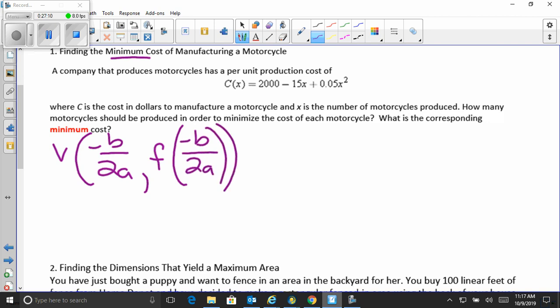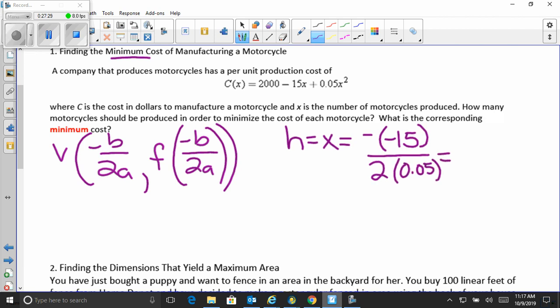So doing this, find our h, which in this case is the same as our x. We are going to do a -b, so -15 over 2a, 2 times 0.05. So then if you put that in your calculator, you end up getting 150 motorcycles being produced, and then what would that cost be?